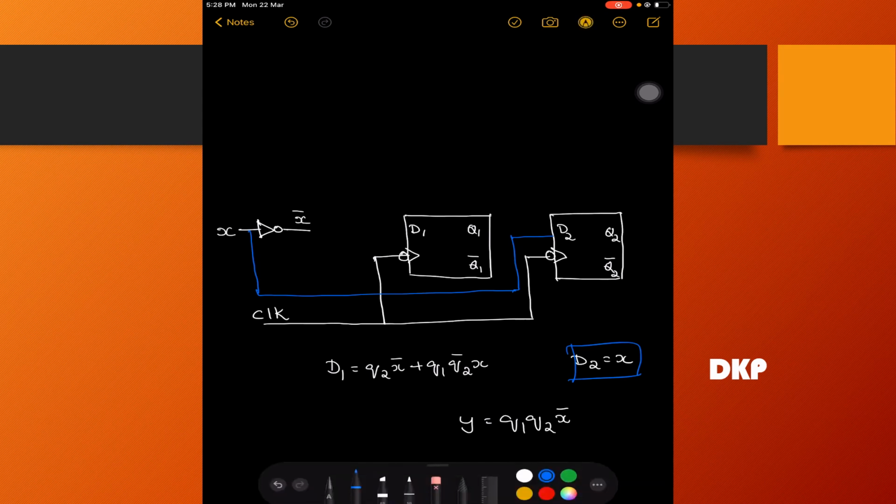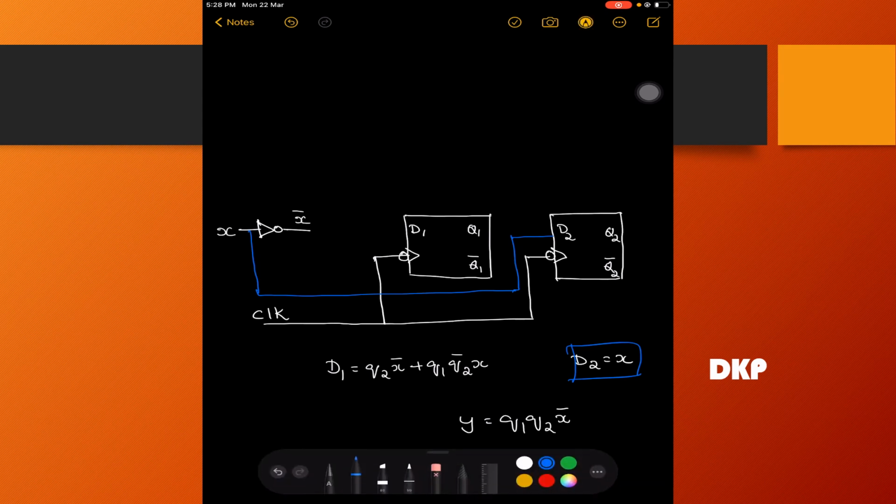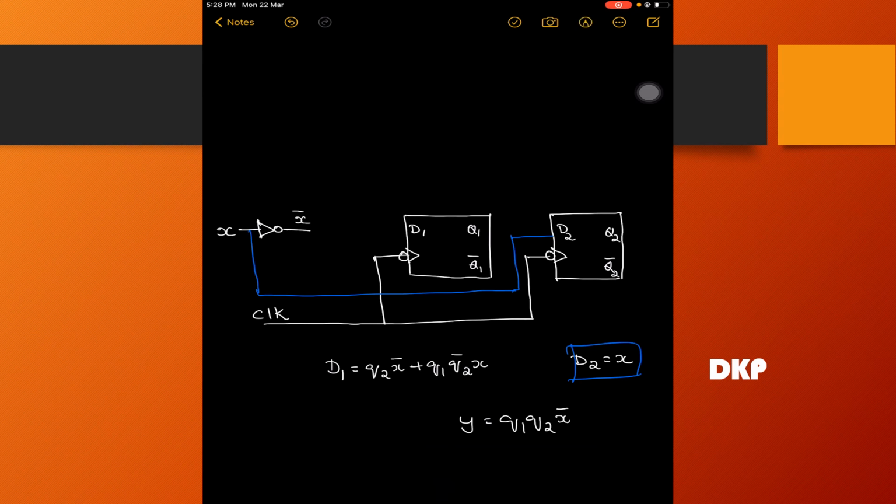That is over. Now, you have to see the next equation, that is D1 is equal to Q2 x bar plus Q1 Q2 bar x. We have to implement this one.